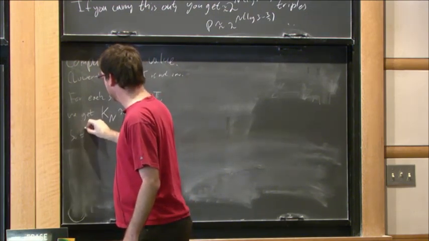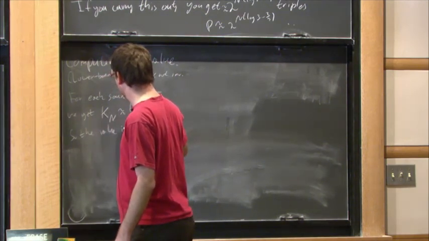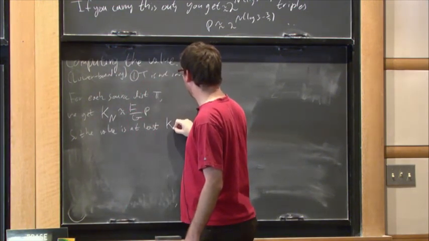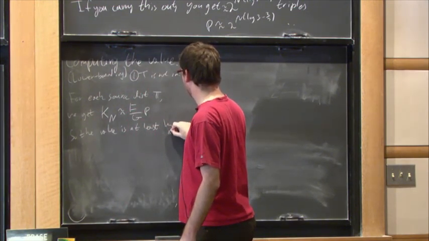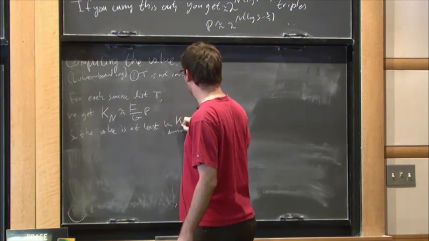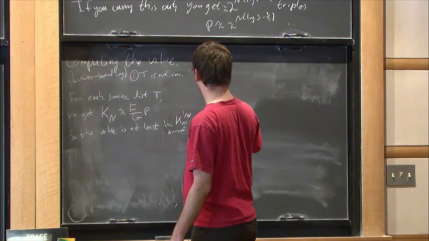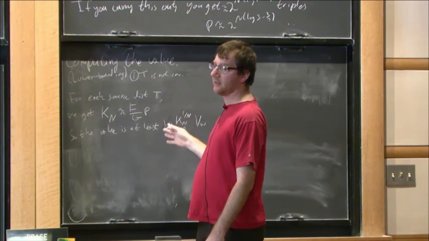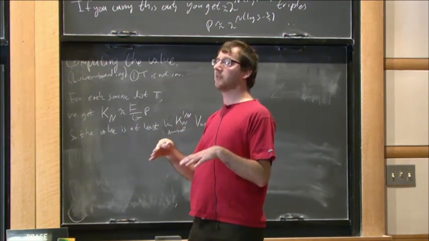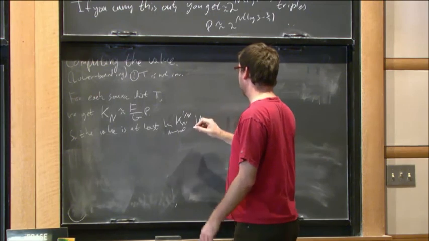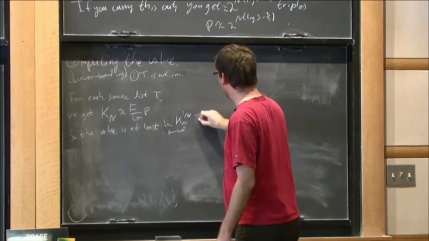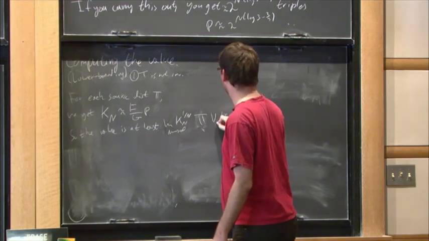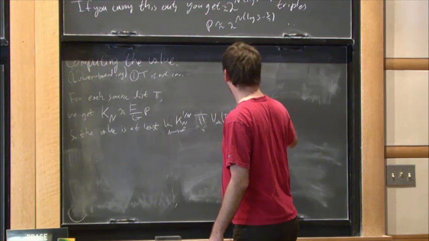So the value is at least this K_n, or the limit of K_n to the 1 over n, times this V, which you can think of as the volume of an actual matrix multiplication tensor, but in general it will also work for arbitrary tensors. For each basic triple, we need to take the value of this triple, raised to the power pi_i many times.